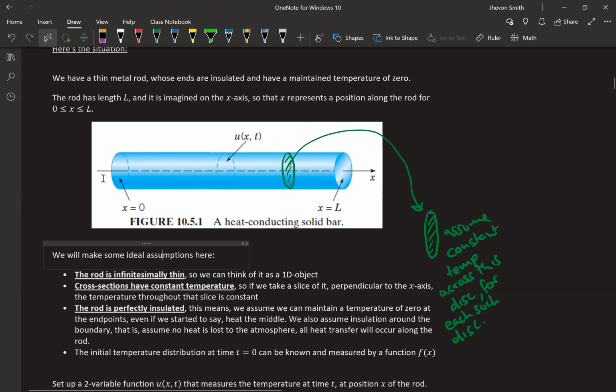Or maybe I know that the middle portion is at 10 degrees, but over here it's at 3 degrees, and over here it's at 5 degrees, etc. So at time equals 0, we know some function f of x that is going to measure the heat at position x, right? So these are the assumptions. Under these assumptions, let's actually solve the heat equation.